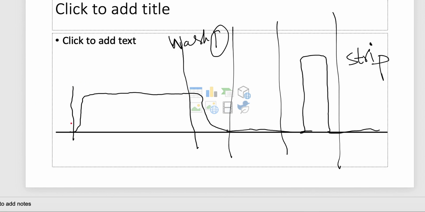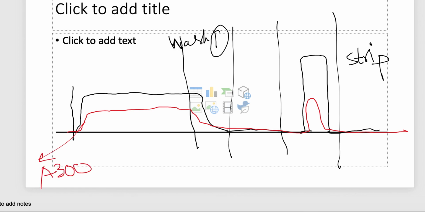Your A300 goes like this, and comes back like this. This is your A300 UV, and your conductivity.